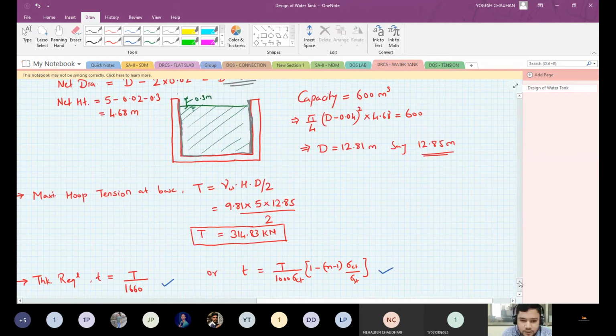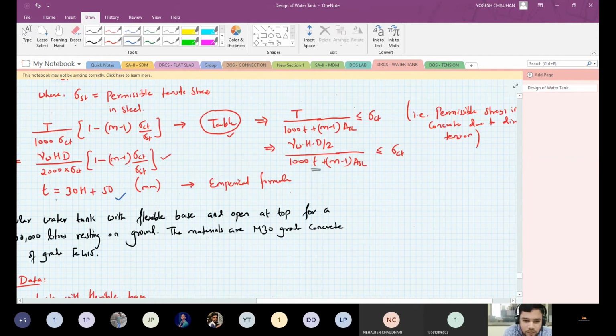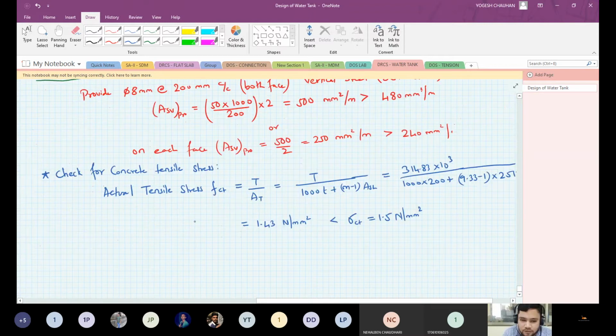But if you are using this empirical formula to arrive at the thickness, that is 30h plus 50, where h is the depth of the tank, then in that case you have to do this check for the tensile stress, because you have not considered the permissible tensile stress in concrete while arriving at the thickness.